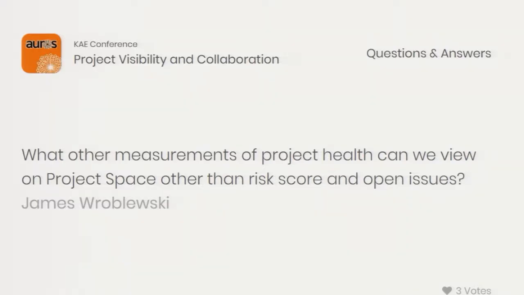What other measurements of project health can we view on project space other than risk score and open issues? So are we talking about on the portfolio view where all the projects are, or on the reports wall? I guess they're really the same. Okay, so we provide a library of KPIs that you can build point and click, customize, and it's quite extensive.